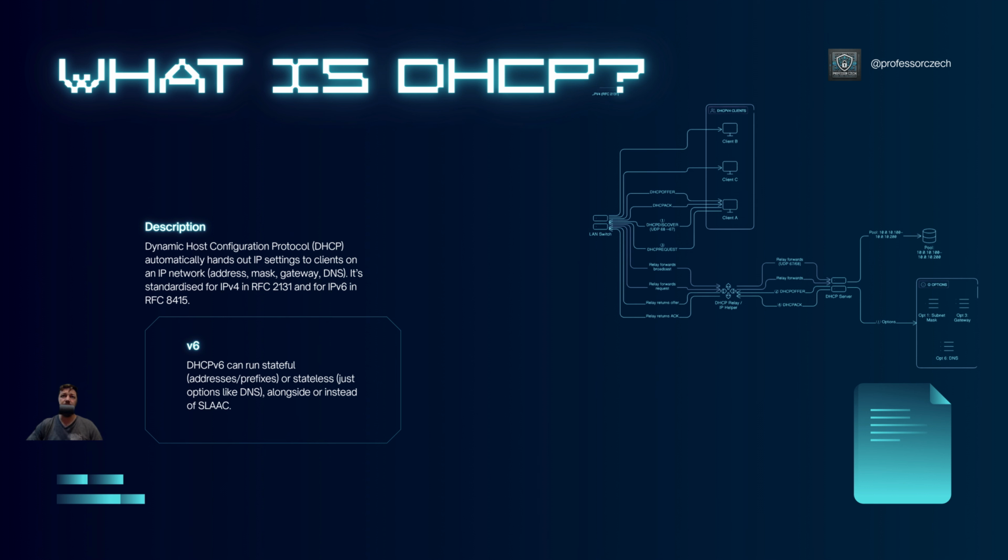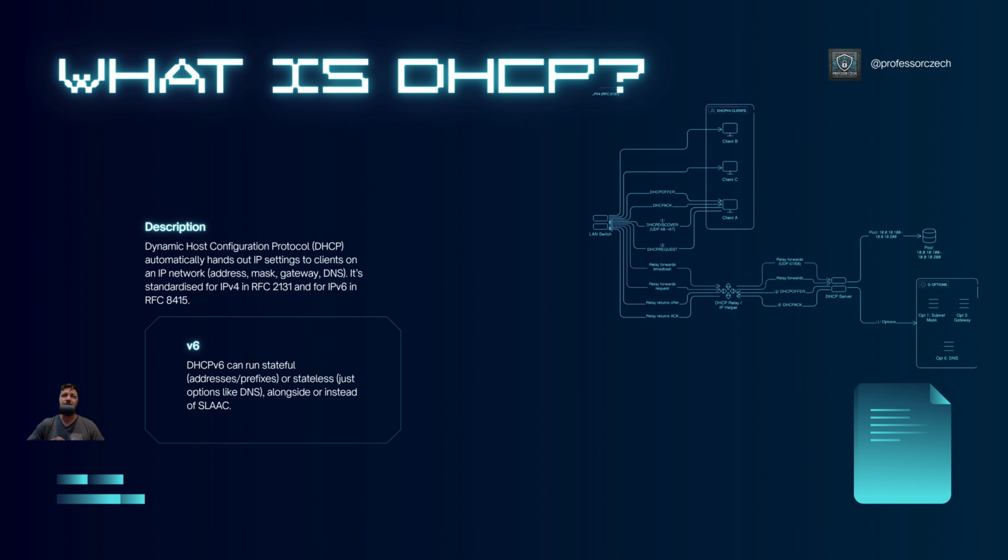DHCP steps in and auto assigns the essentials: an IP address, your seat number, a subnet mask, the row boundaries so you know who counts as neighbors, a default gateway, the aisle to the other rooms, an example, the other networks, and DNS servers. The directory, so Netflix.com isn't just gibberish.